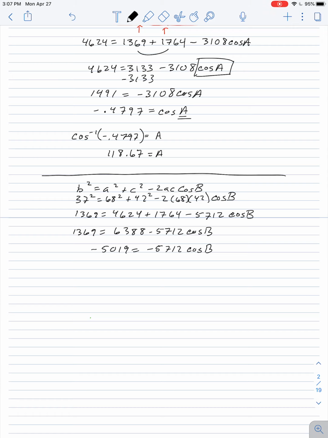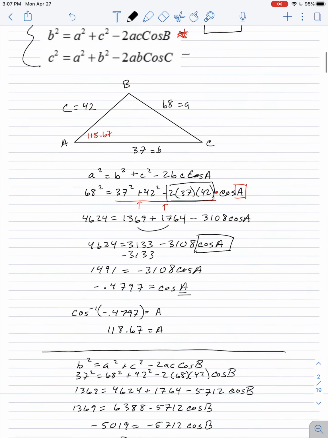Divide. And then do the inverse cosine of both sides. And I get 28.52.